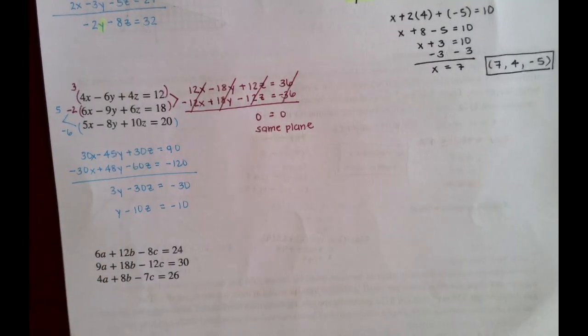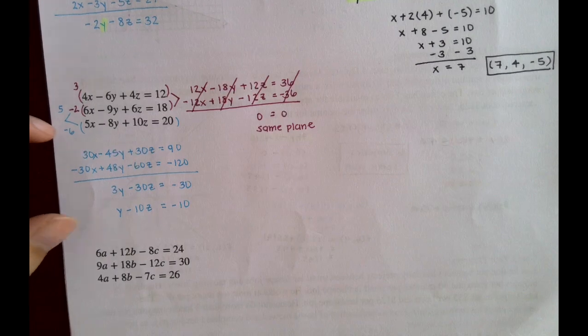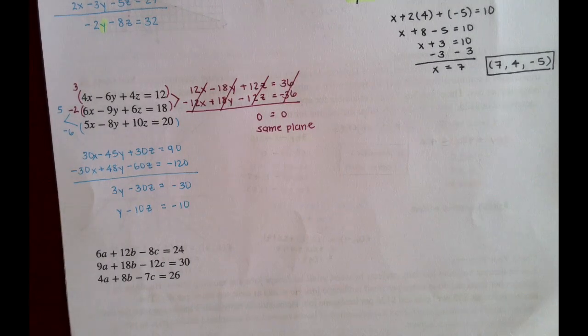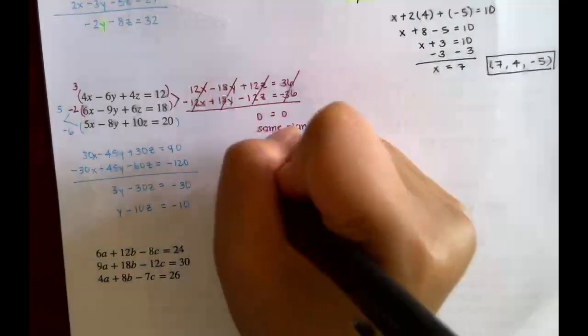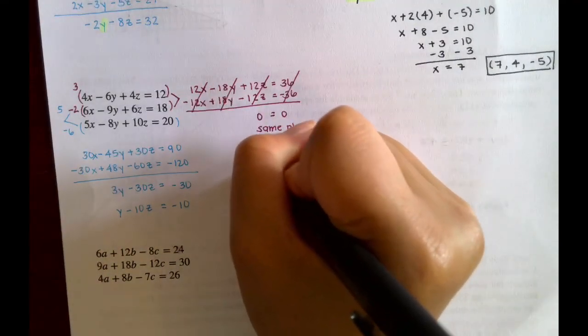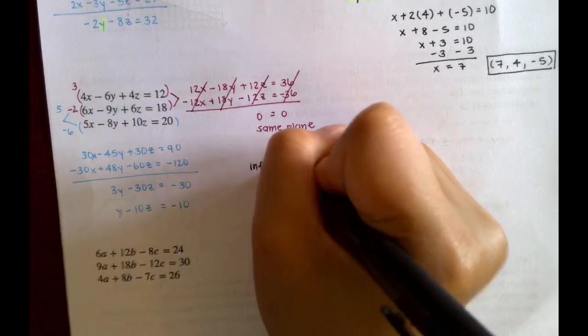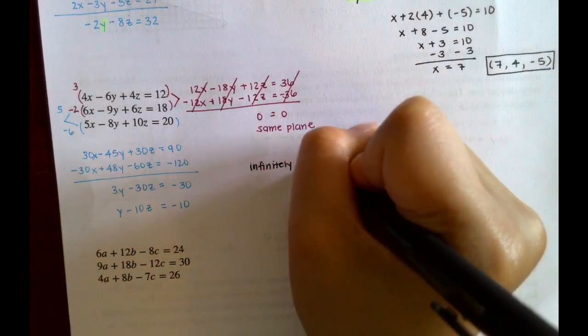And what this means then is that they're not all the same or anything, and so they do intersect in a line. I just don't know which line because I need another equation in order to find that, but I don't have it. And so what this means, for my 0 equals 0 same plane, is that I have infinitely many solutions.